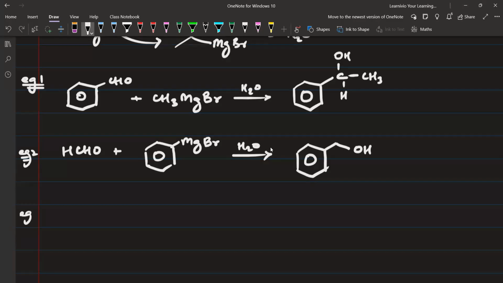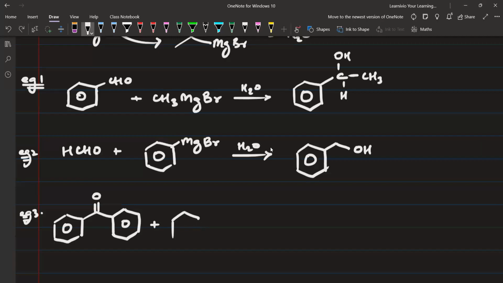Third case, C double bond O plus we have MgBr.